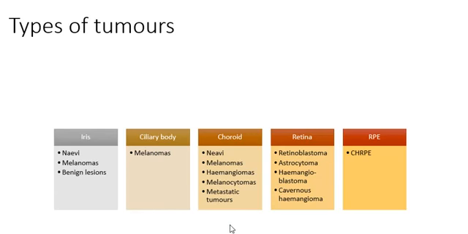Other tumours that you should have a good understanding of are choroidal nevi and choroidal melanomas. And the other one that is a good differential diagnosis to understand is the difference between a CHRPE, for example, and a choroidal nevus. It's very important that you know how to differentiate between these two.